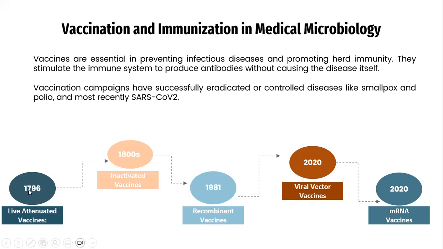And this is just a timeline to show the different vaccines that were created over the years. In 1796, we first had the live attenuated vaccine, and then we had inactivated vaccines, recombinant vaccines, viral vector vaccines, and now we have the mRNA vaccines that were used for COVID, for example.